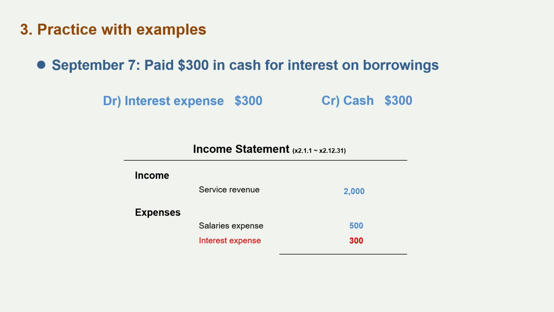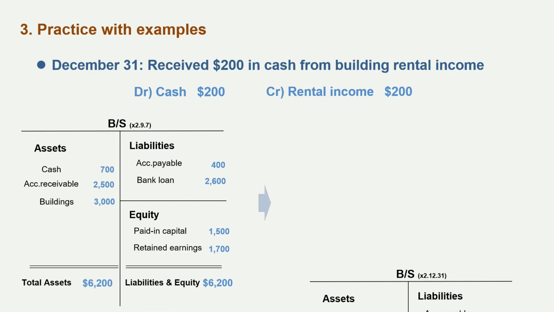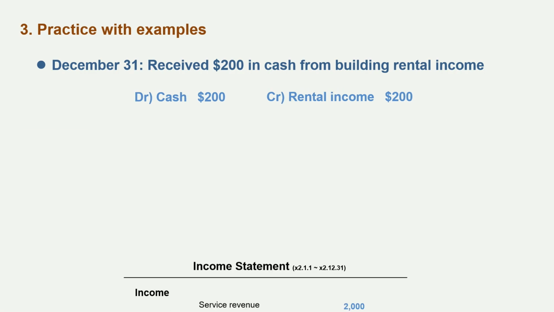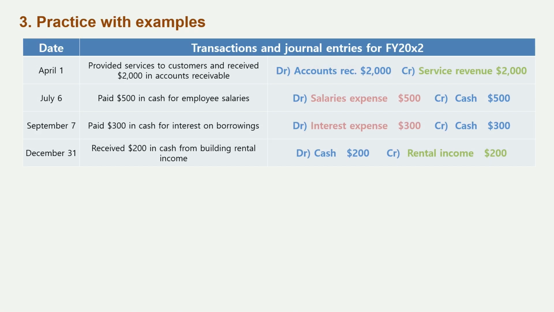The final transaction is to recognize rental income. You do this by entering cash on the debit side and a profit and loss account called rental income on the credit side. This will update the balance sheet and also the income statement respectively. Here is a summary of the previous transactions and the corresponding journal entries.